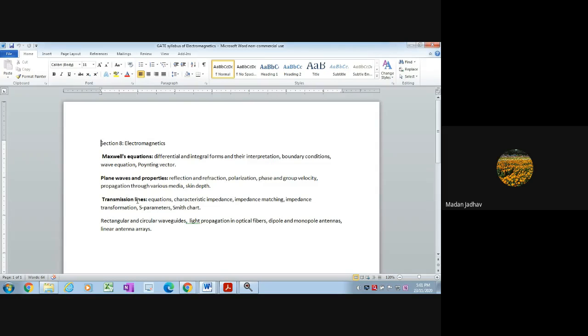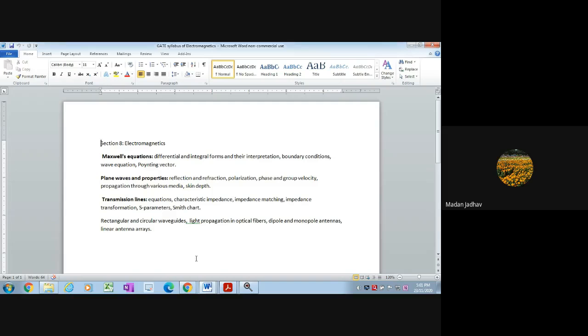Today we'll discuss the transmission lines: equations, characteristic impedance, then what impedance matching means, then impedance transformation, and also the Smith chart and S parameters.